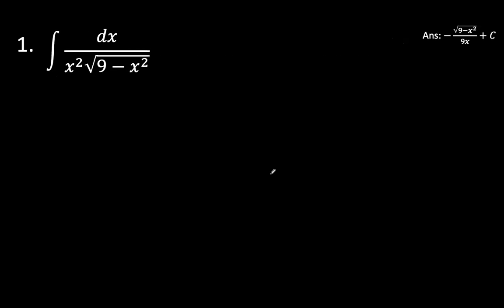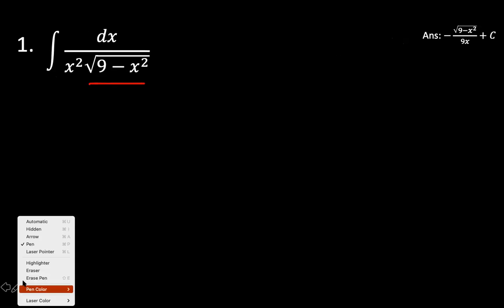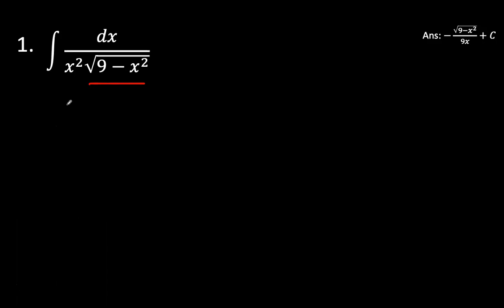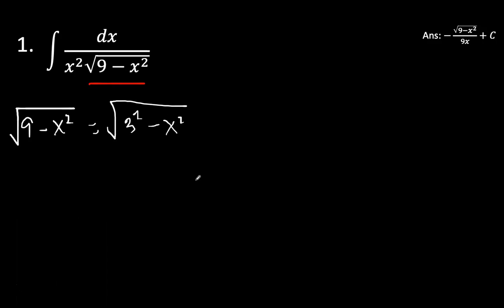Here, our radical expression is in the form of a squared minus x squared. Again, the radical expression is 9 minus x squared, and this could be rewritten as 3 squared minus x squared. Let's draw a right triangle here, where we're going to place the values 3 and x.